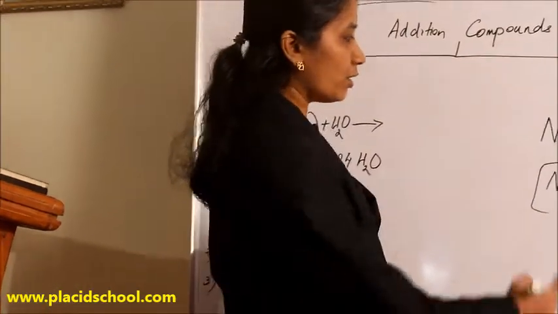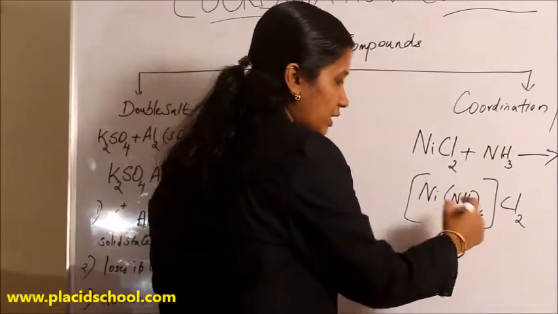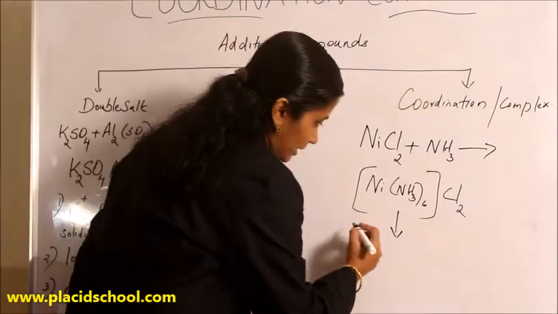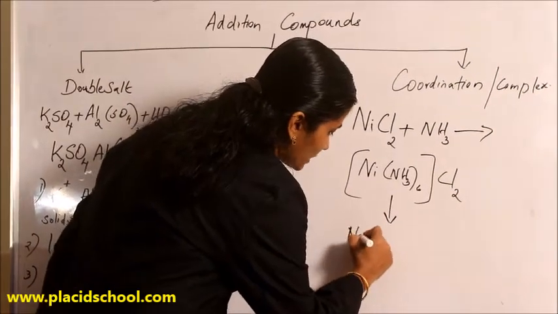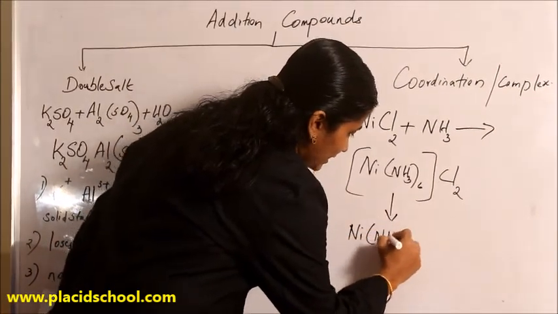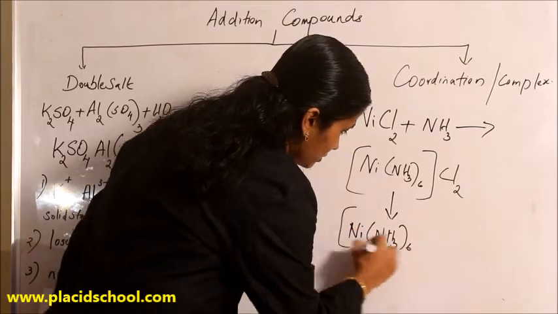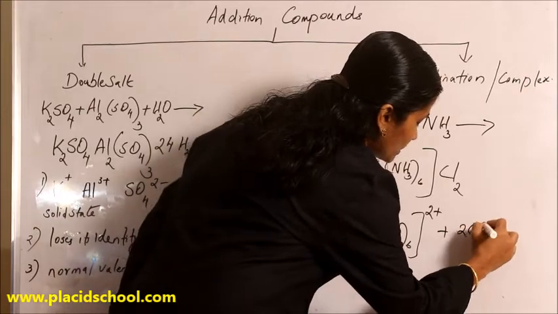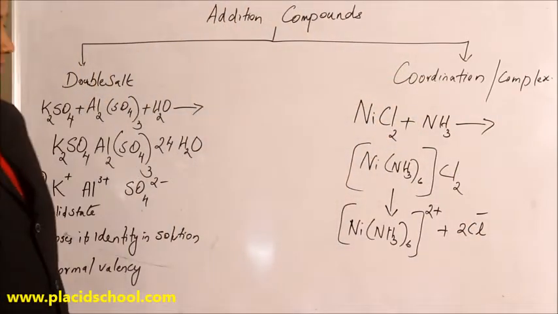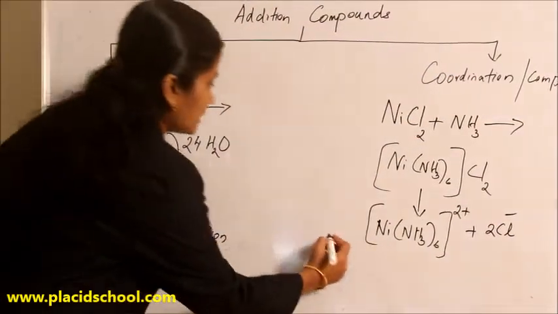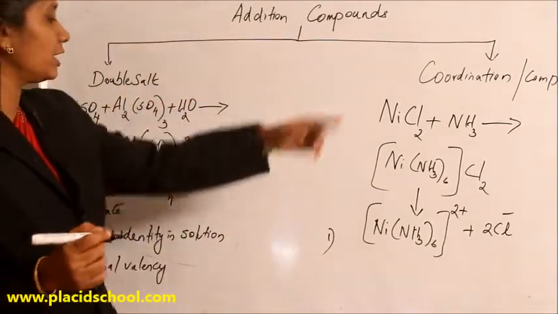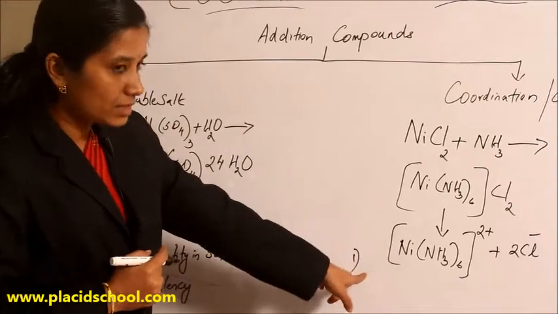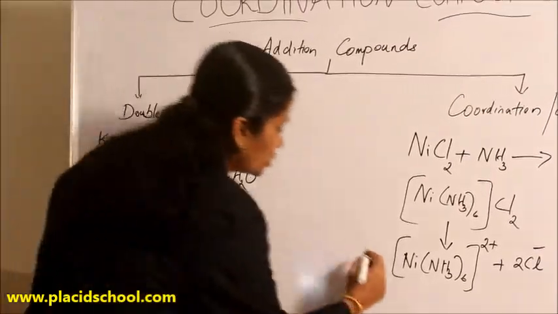In this particular coordination compound, if we dissolve it in a solvent, water, it splits into ions [Ni(NH3)6]2+ and 2Cl-. Then the first point about this coordination compound is that it exists in solid state as well as in solution.